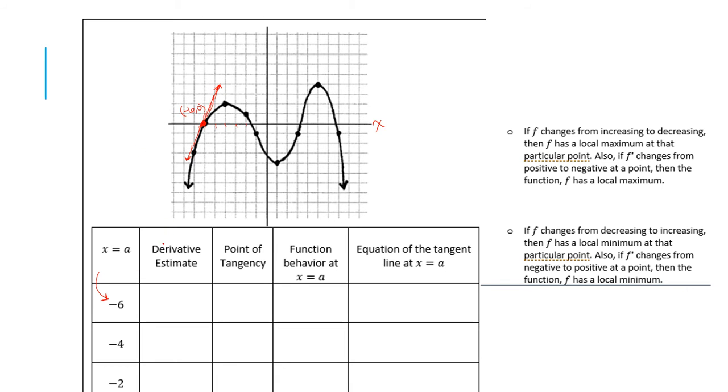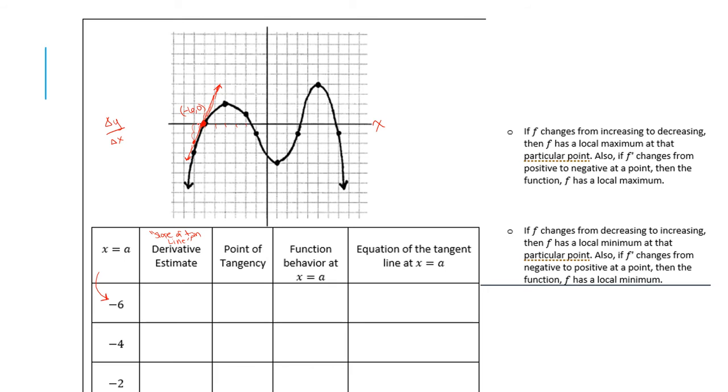Now I know that the derivative is the slope of the tangent line, and I know that slope is the change in y over the change in x. So I'm going to estimate on this line that I've drawn here in red. It's going to estimate another point.